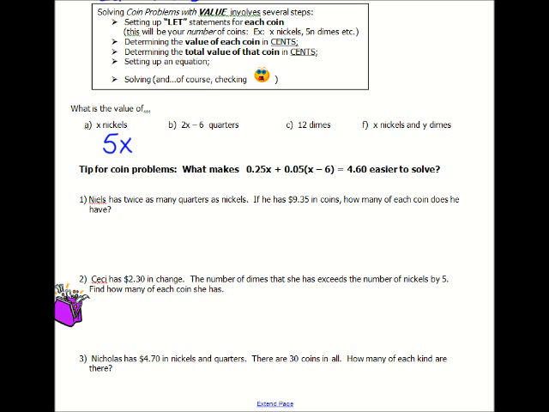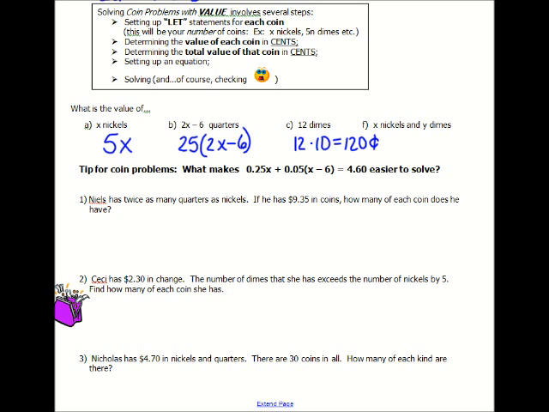What is the value then of 2X minus 6 quarters? Well, it's going to be 25 cents times the total number of quarters. 12 dimes, you should know that in your head, but it's 12 times 10, which is 120 cents. Okay?